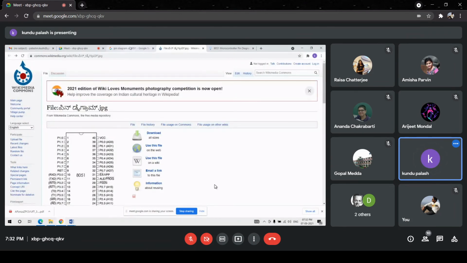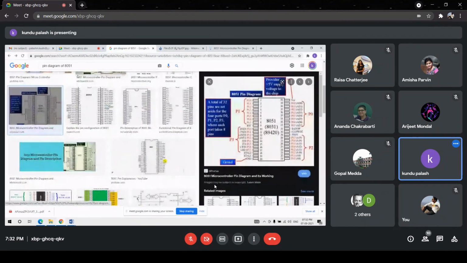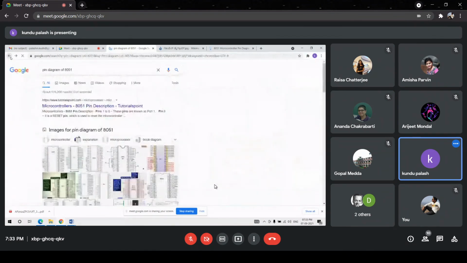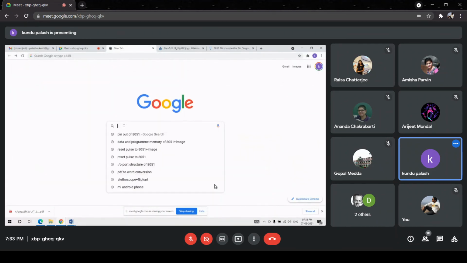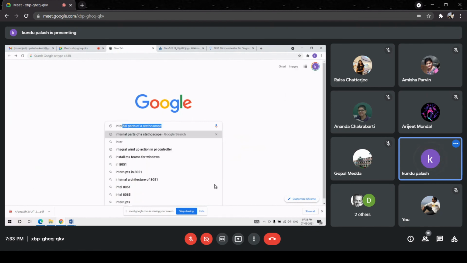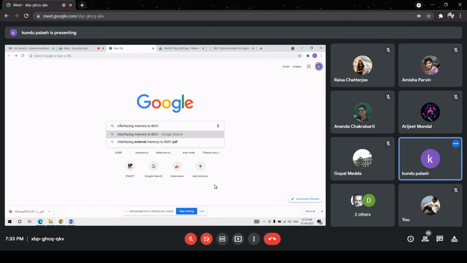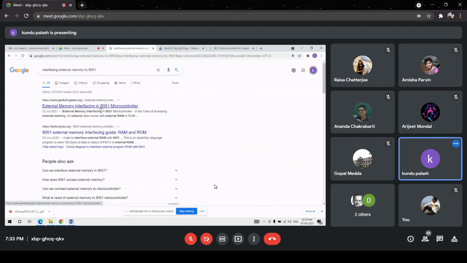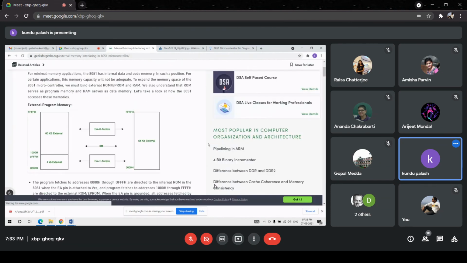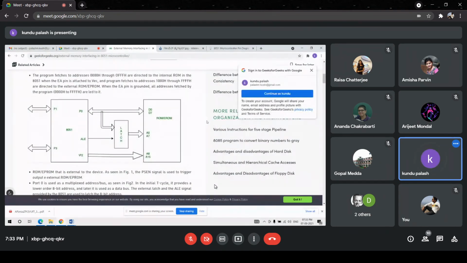This kind of circuit, this is the circuit.